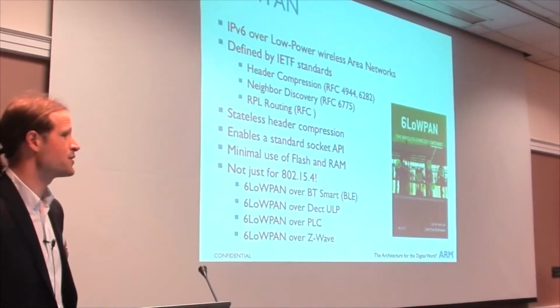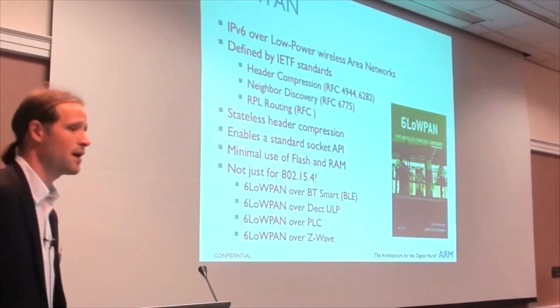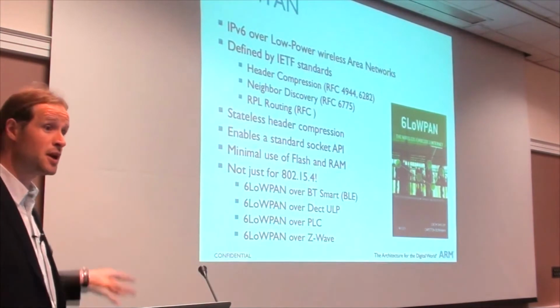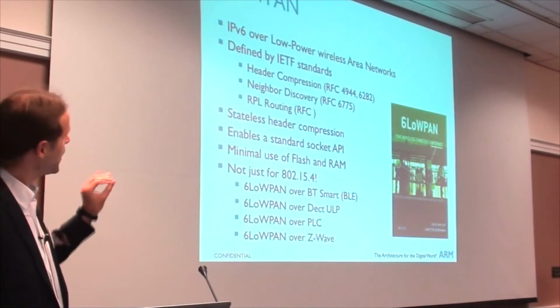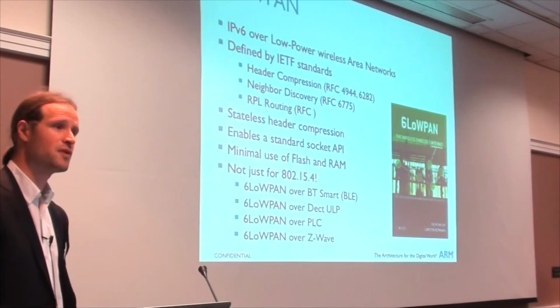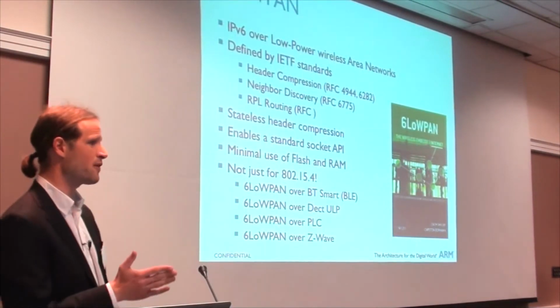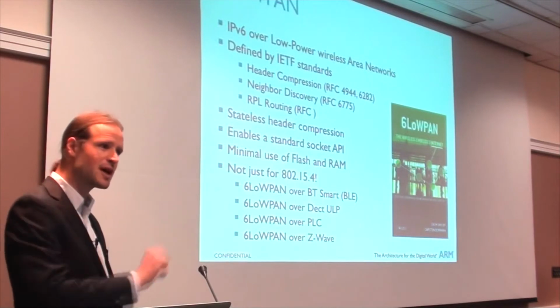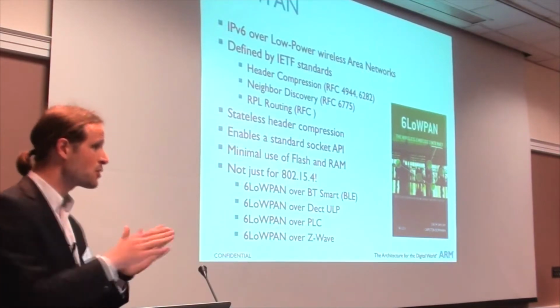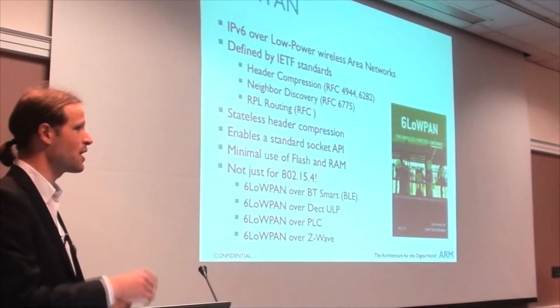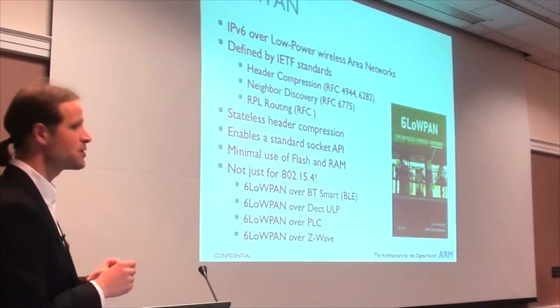Now 6-LoWPAN is really a simple technology, it just finds a smart way to compress IPv6 for these types of networks. It takes all the useful stuff out of IPv6, compresses it down into 3 bytes, gets rid of the useless stuff you don't need on that sensor network, and then compresses UDP.